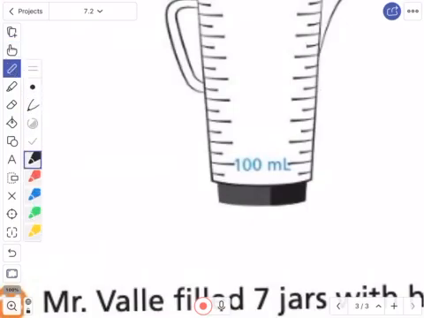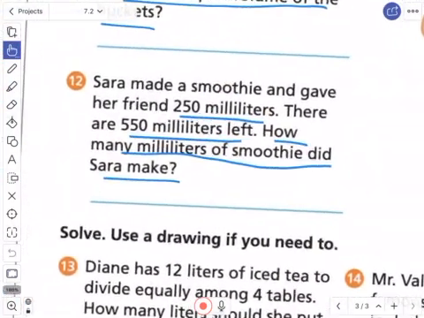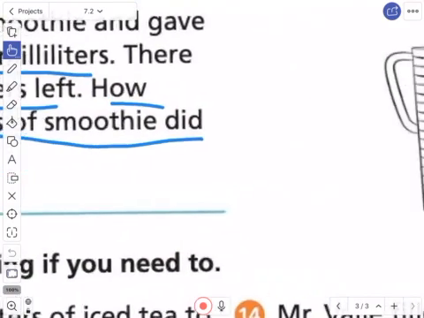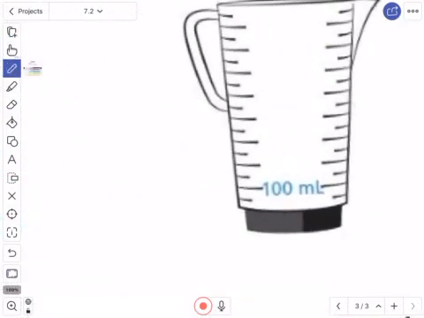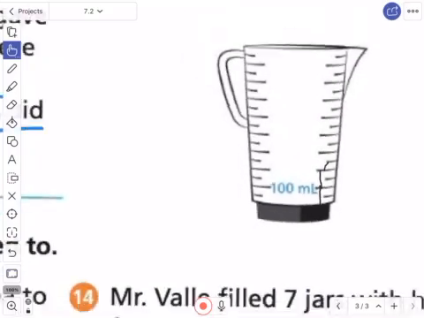So, she gave her friend 250. So 100, 200, 250. She has 550 left. How many did she start with? So I'm going to just stop it there. Then you could use that to help you for the rest of it.